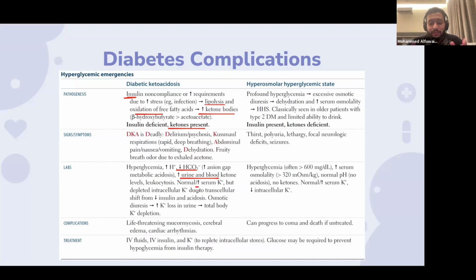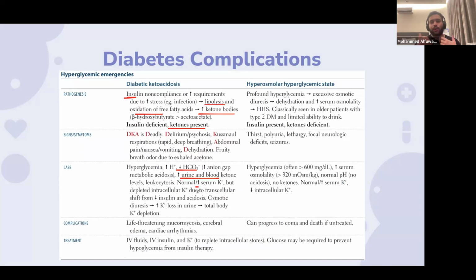And you give them potassium. Why? Basically what happens with acidosis is you have an increase in the serum potassium. However, intracellular potassium will be very low.